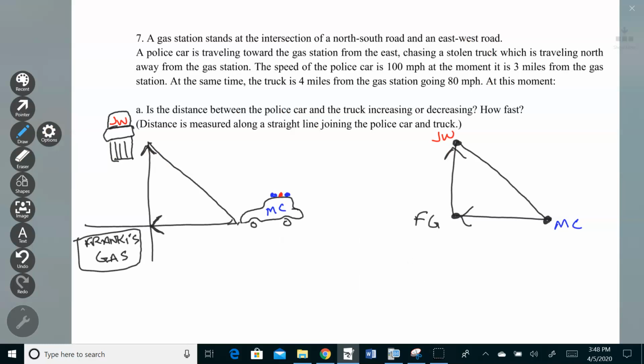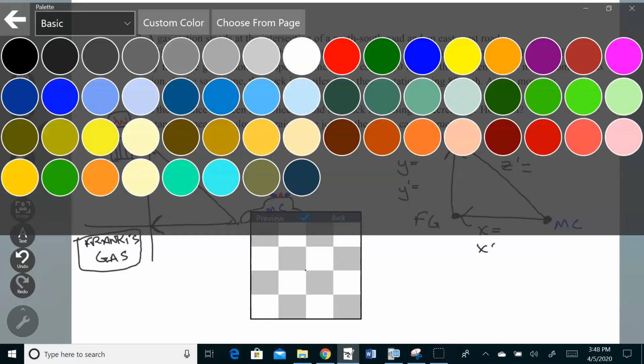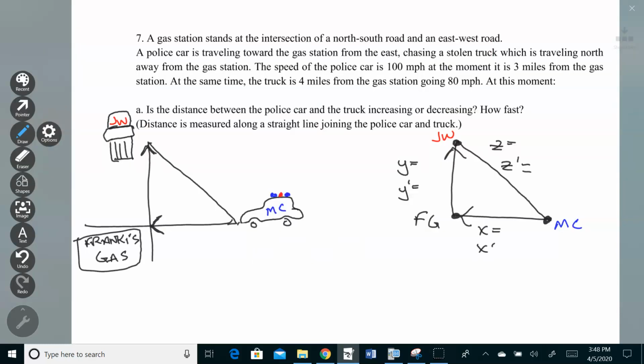And what do we have? We have x, x prime, y, y prime, z, and z prime. We have all 6 of those things. We might not know all of them, but we'll try to figure out what we can. We know that the distance for x, the police car, is 3 miles away, and it is going negative 100.